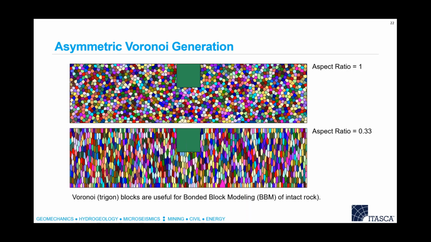Or in the bonded block modeling world, we'll often try to represent intact rock by controlling the contact properties between these smaller blocks to allow natural damage to occur as stresses are redistributed and materials yield. But in terms of the asymmetric aspect, we can now specify an aspect ratio. So here we see the grains get distorted. This is an example of Voronoi, but there's also a triangular trigon option.